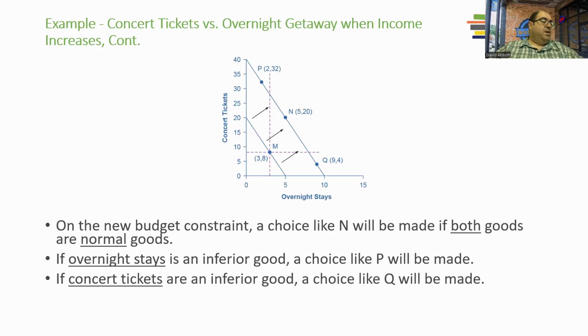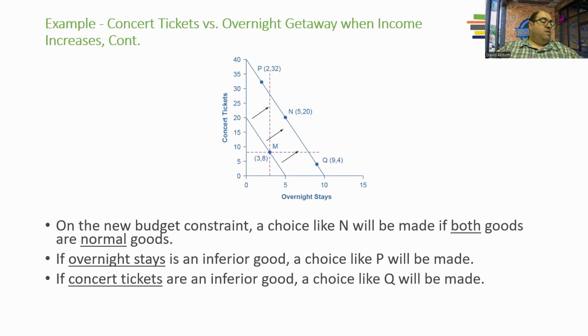Choices in the upper left of the new budget constraint, to the left of the vertical dashed line, like choice P with 2 overnight stays and 32 concert tickets, involve less of the good on the horizontal axis but much more of the good on the vertical axis. All choices to the right of the vertical dashed line and above the horizontal dashed line, like choice N with 5 overnight getaways and 20 concert tickets, have more consumption of both goods.